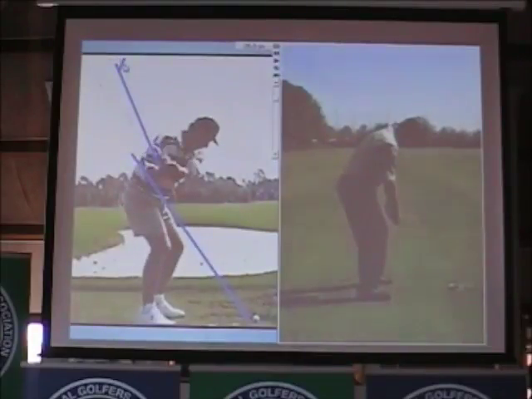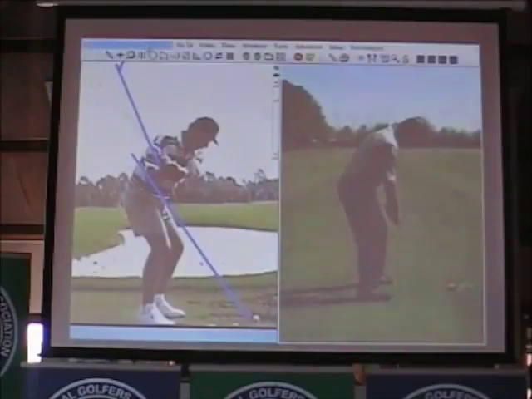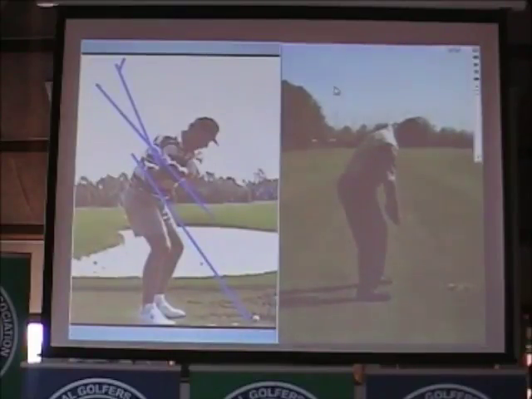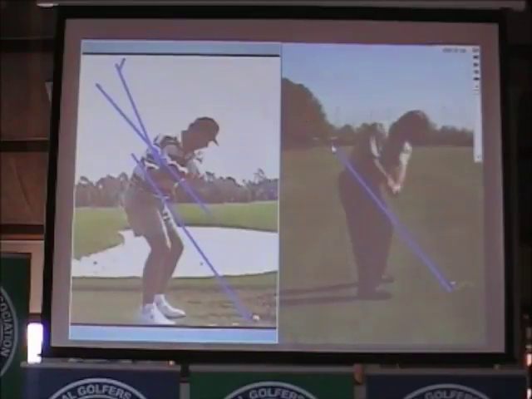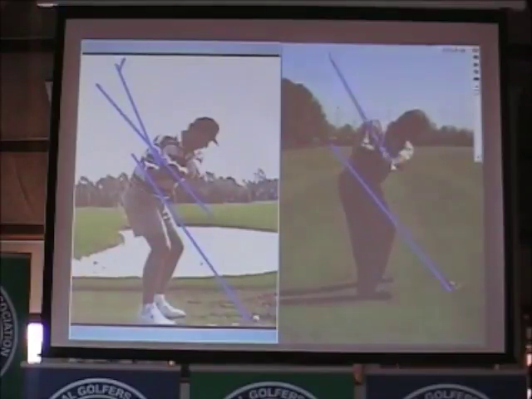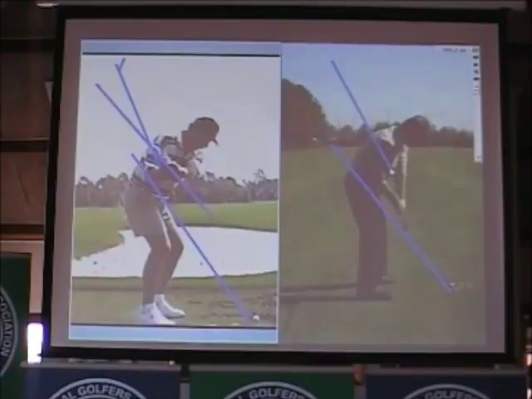But it flattens out on the way down to be bang on plane, parallel to where it was at address. And Fred did the same. Took it a little shut, so it got a little steeper, and then on the way down, it would shallow out and get back to square.